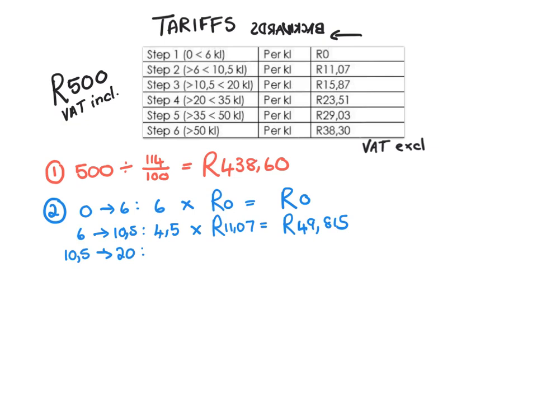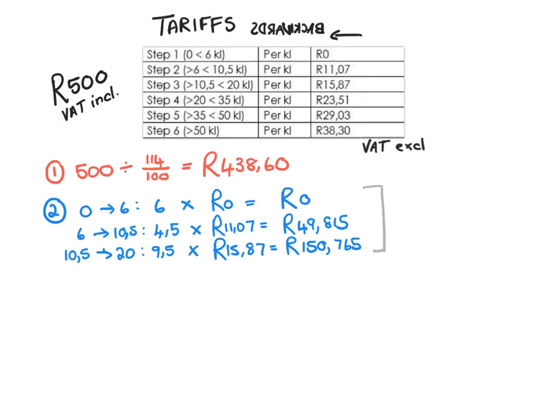So keep on going until you get very close. So in the third bracket, it's 9.5 kiloliters at a rate of 15 Rand 87 cents. And that, if you remember correctly, gives us 150 Rand, 765.